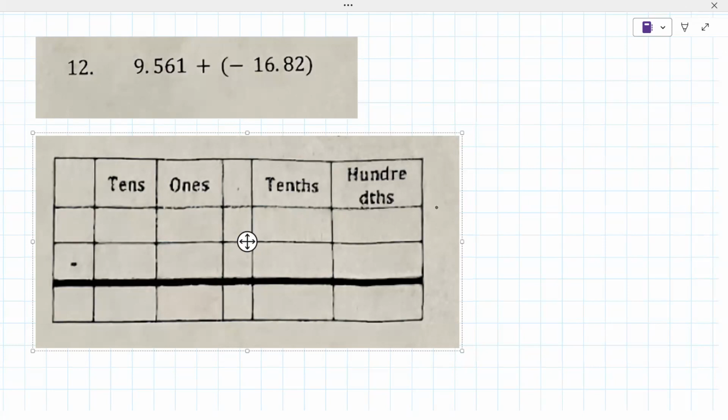I was looking at the word. So no, these are different. So they're opposite sign, which means you're going to subtract them. You're going to take the larger number and subtract the smaller number.